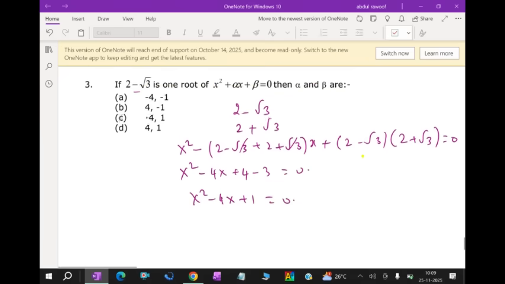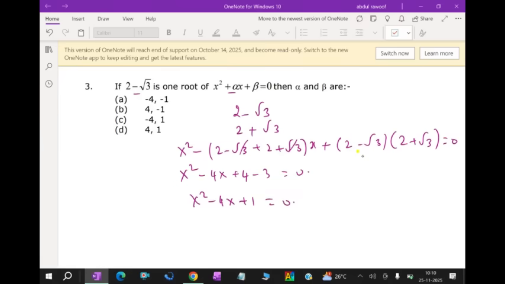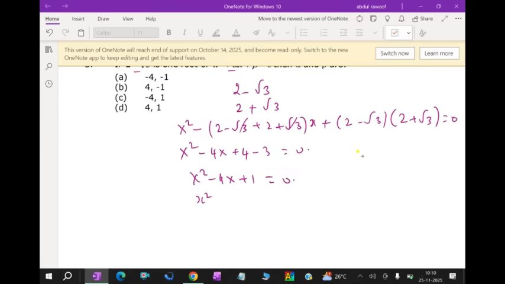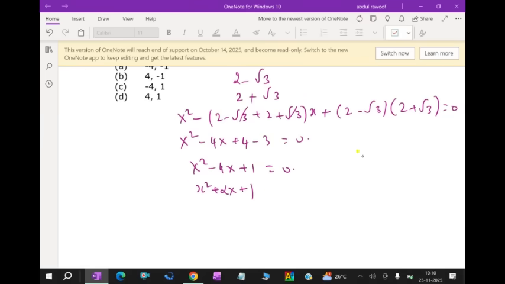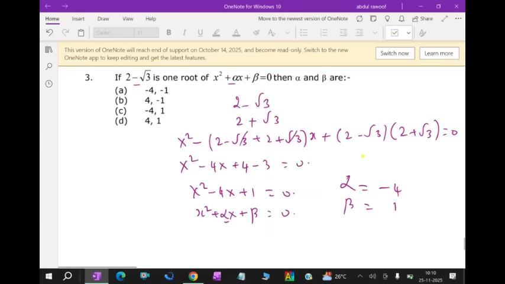Comparing with x square plus alpha x plus beta, alpha is minus 4 and beta equals 1. So our option is minus 4 and 1, Option C.